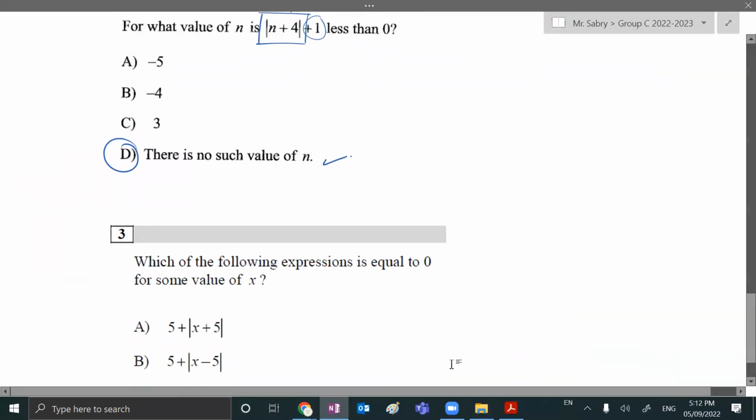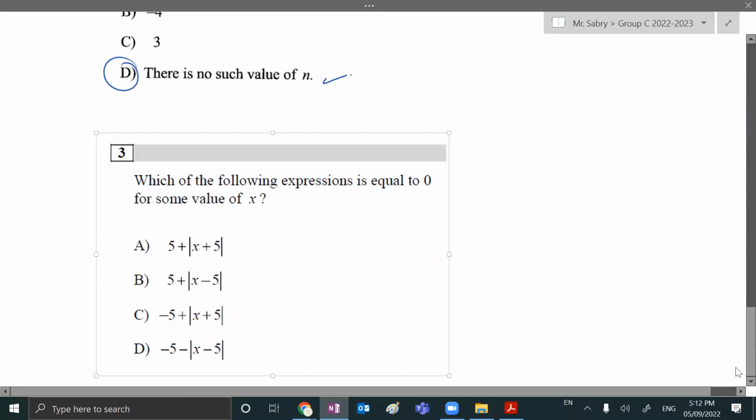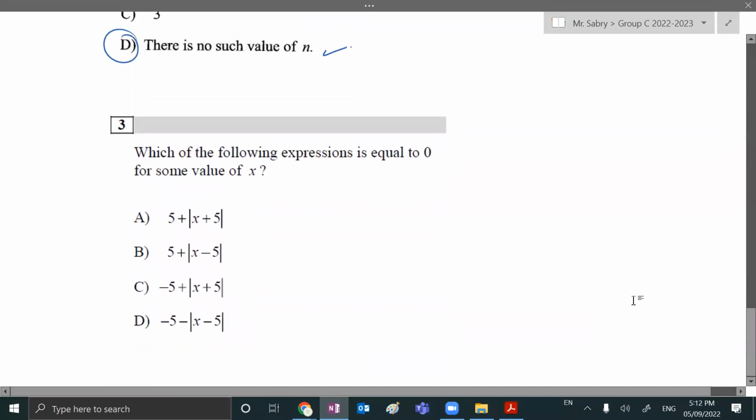This one. Which of the following expressions is equal to 0 for some value of x? Same concept. So just think about it.